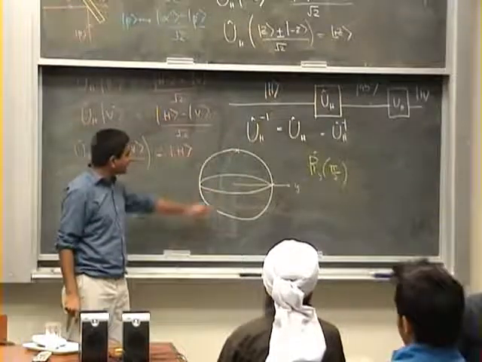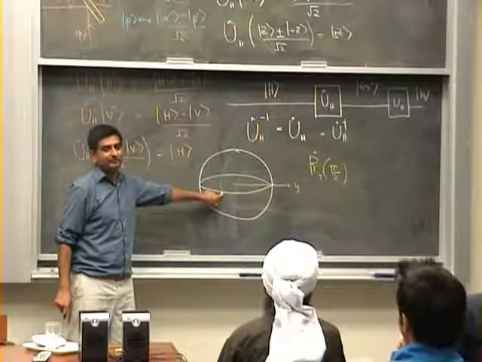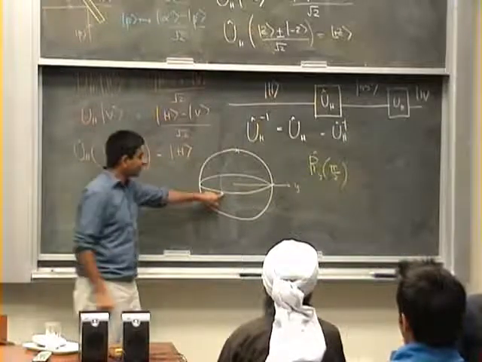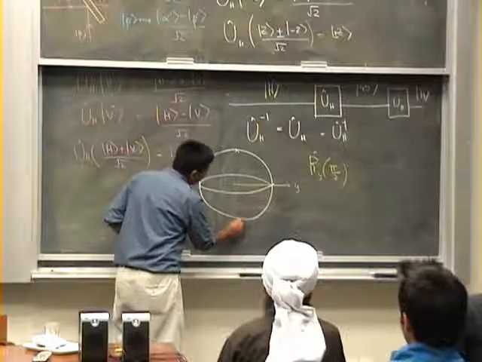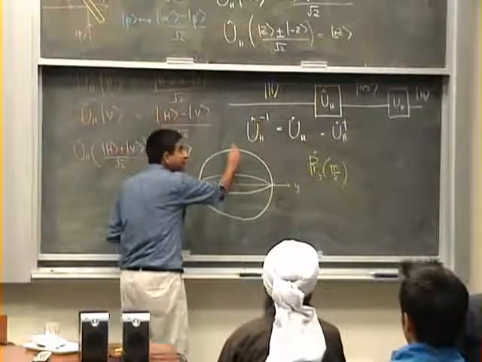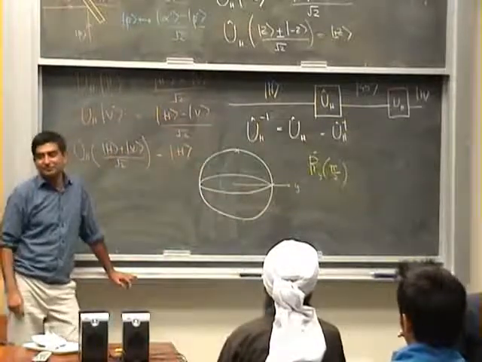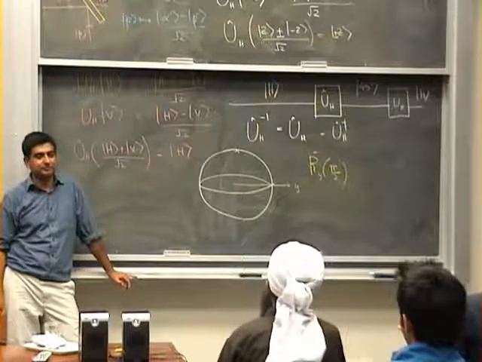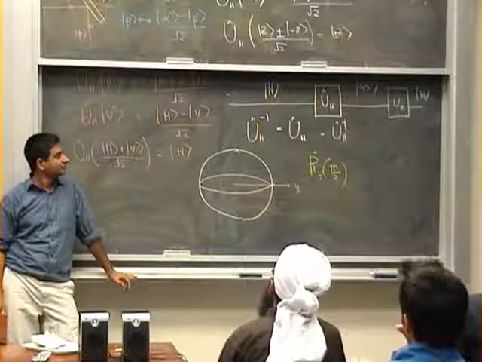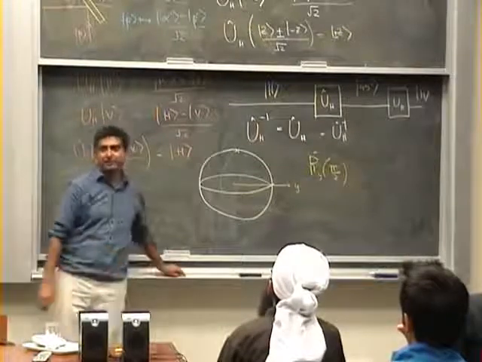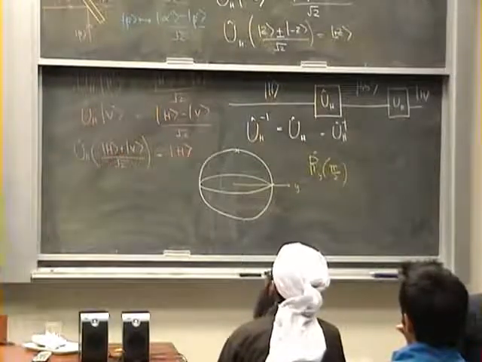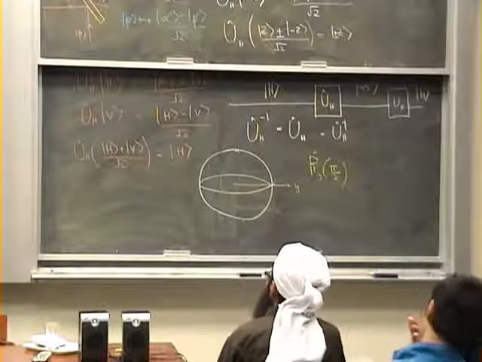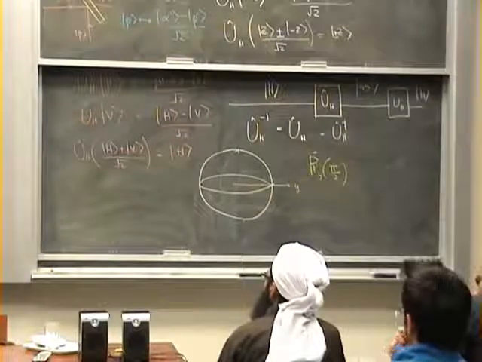But the problem is that if I have this input, I will go to this state. But what I would like to do is go back to the input state. Is there an operation about a certain axis through a certain angle that achieves the effect of Hadamard gate?